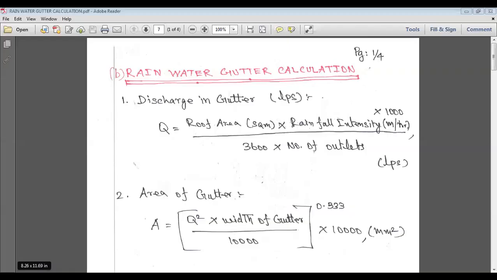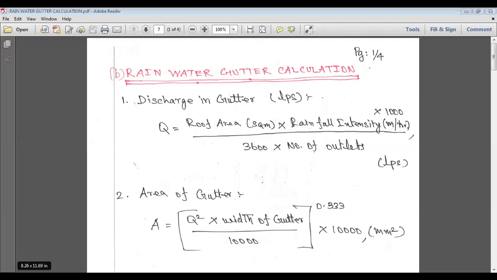Manning's formula is the same formula we are using for the pipe size calculation; that concept only we are seeing. For the open drain, I have told already, we have to use Manning's formula only. For the closed pipe network, we can use both Manning's formula as well as Williams formula.